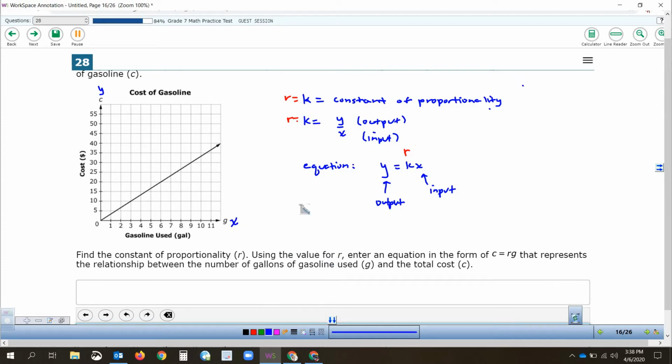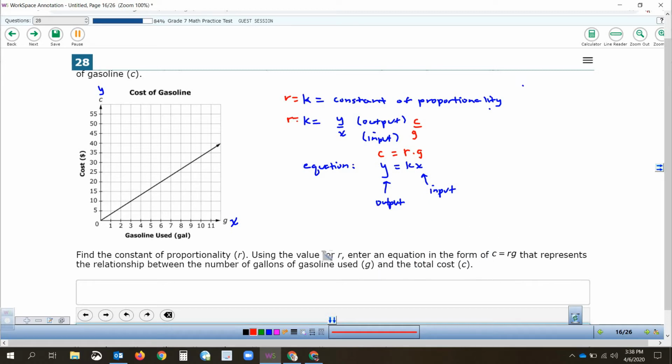So where we see Y, it's actually equal to C, and where we see X, it's actually equal to G. So the cost, C, is equal to R times G, where G is the gallons used and C is the cost.